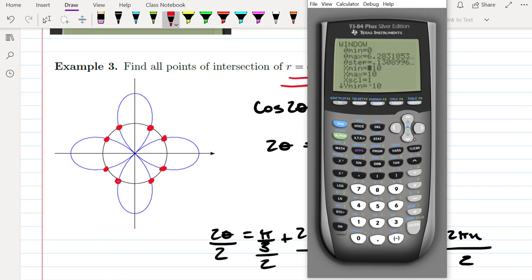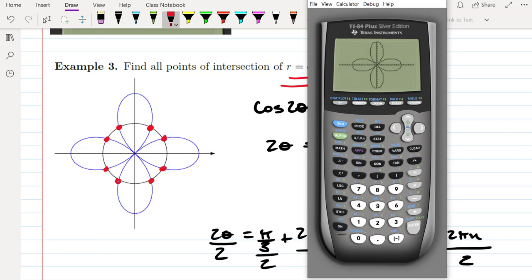Let's make our x min and x max negative 1 and 1, and same thing with our y's, so -1, 1, and 0.1. And if we graph now, we get our polar rose that looks like the one that we have over here for the most part. So let's make our zoom a square though.